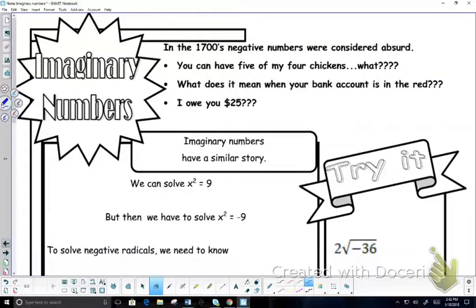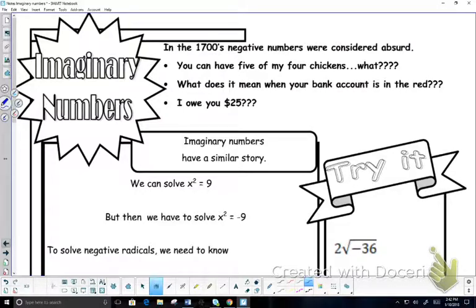In the 1700s. This is like, how long ago? We are in math class, right? About 300-ish years. In the 1700s, negative numbers were a crazy idea. Can you imagine negative numbers? Do negative numbers freak you out? They probably did in middle school, right?